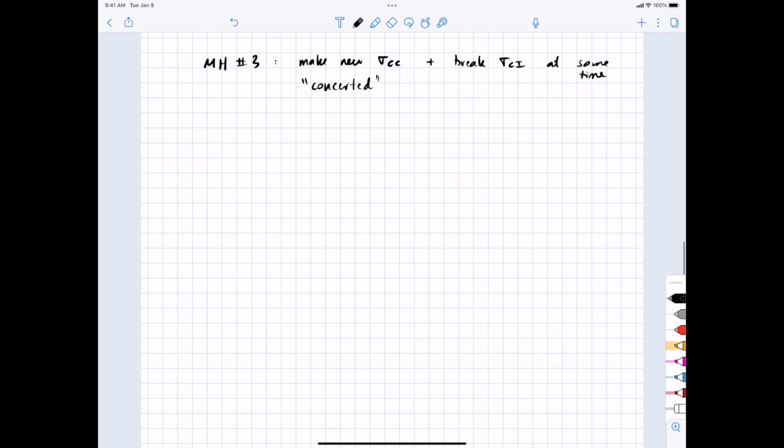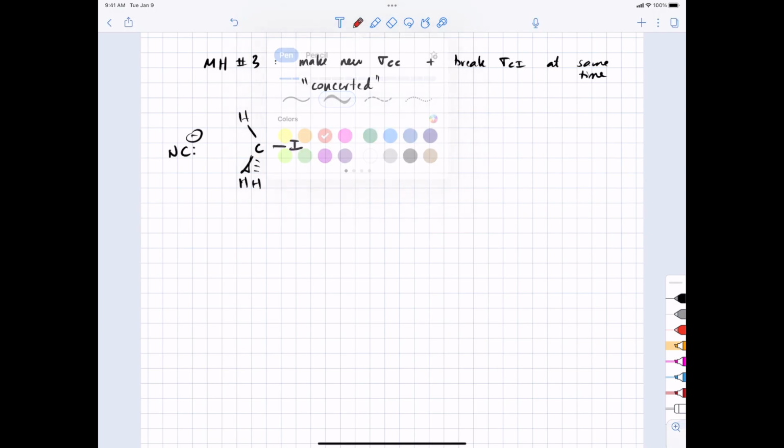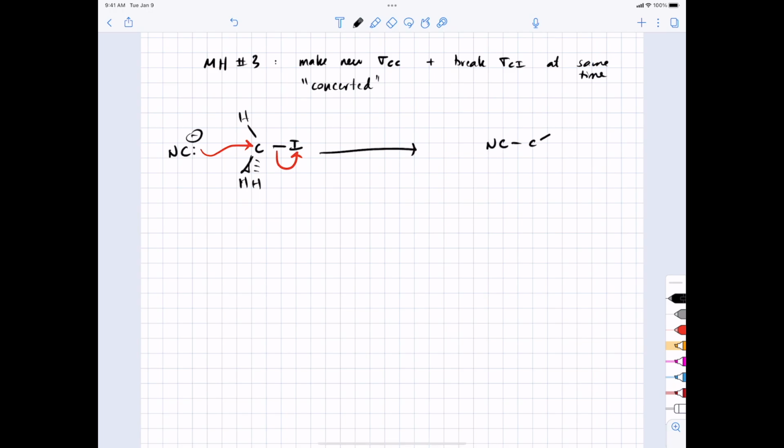They are forming and breaking in concert together, and so you might envision some kind of reaction mechanism like this, in which we will have the carbon attack the other carbon as the leaving group leaves. Our transition state, and we'll go in a single step from starting materials to products.